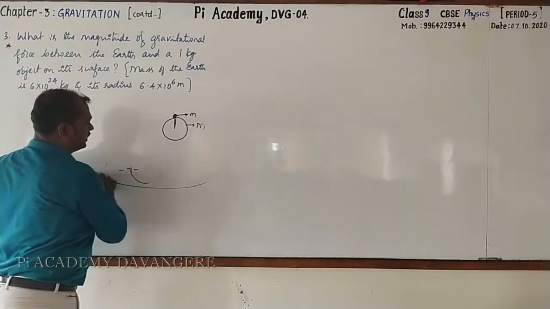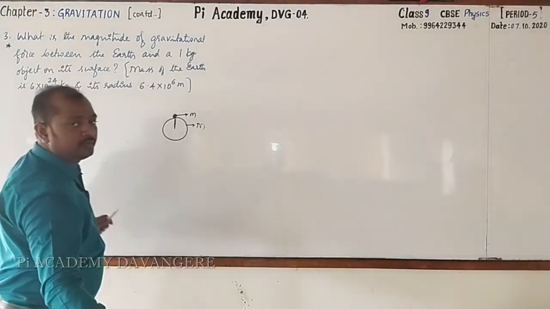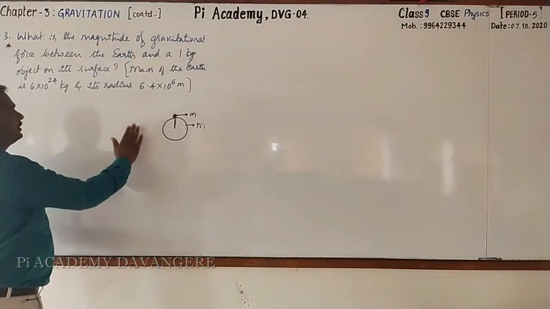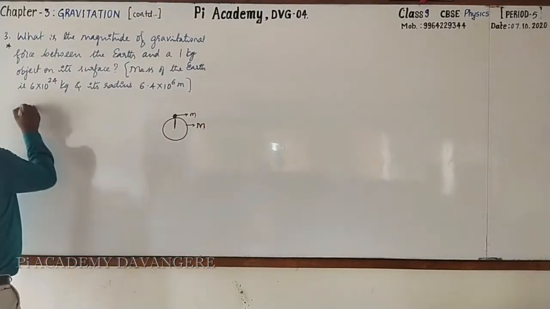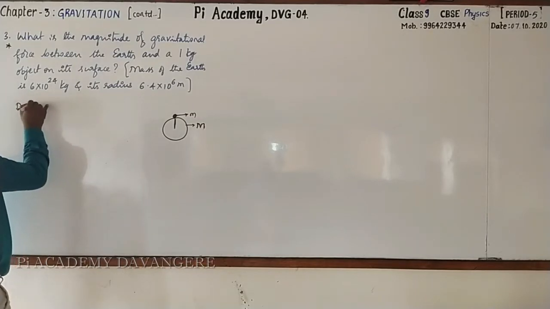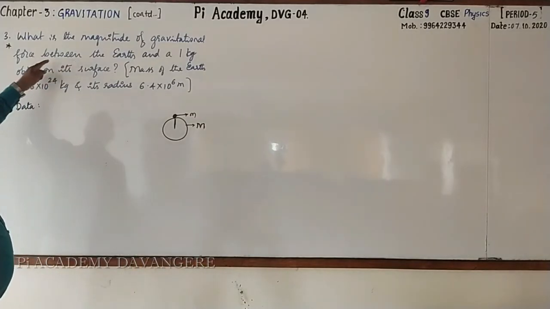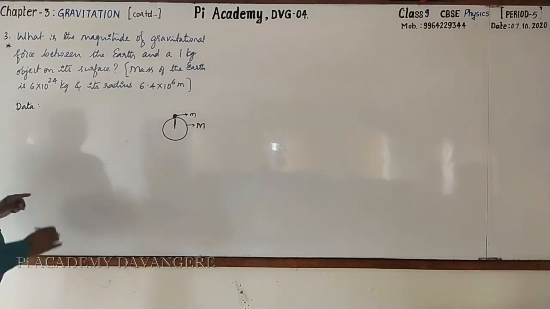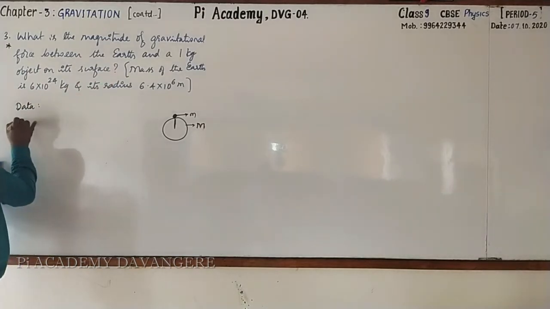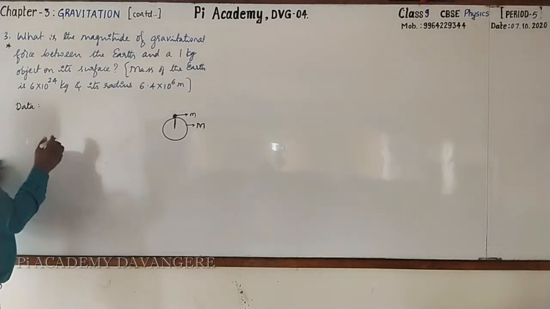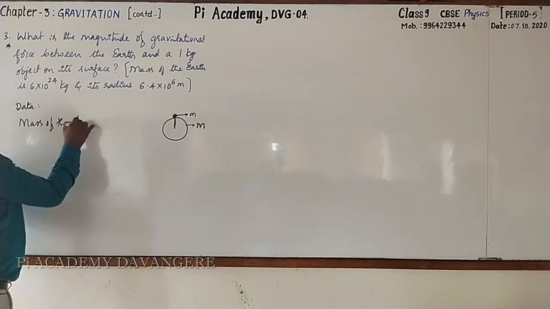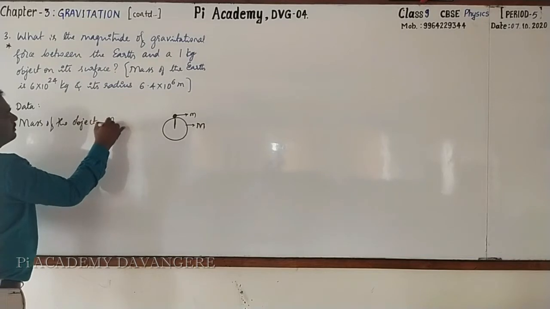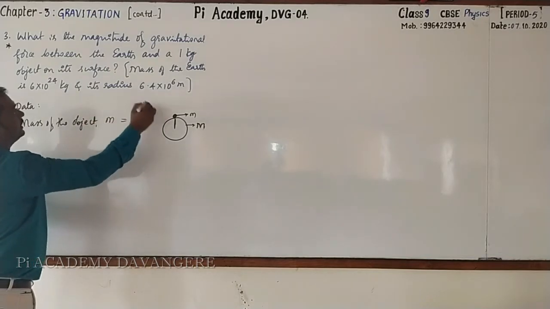And please go on writing with me. Before that, pause the video and copy the question. Then after that, you can start writing with me. Here, let's write data. Here they are given the mass of the earth and its radius. Right? And we do not know the mass of the object. Mass of the object, you may call it small m. It is 1 kg.